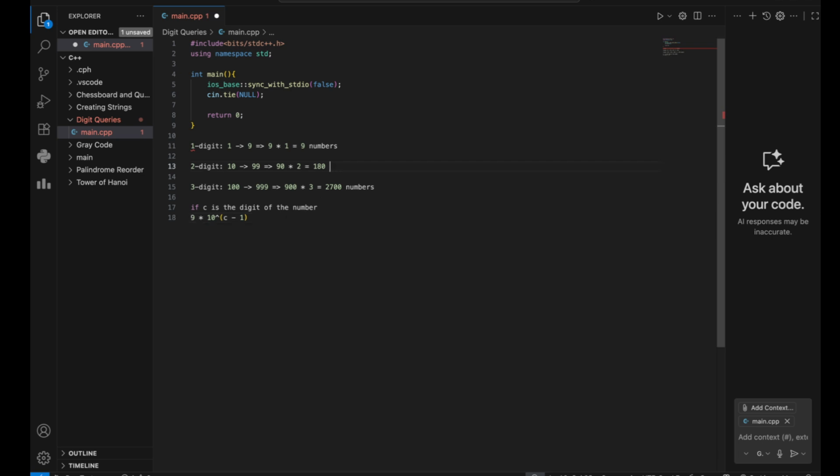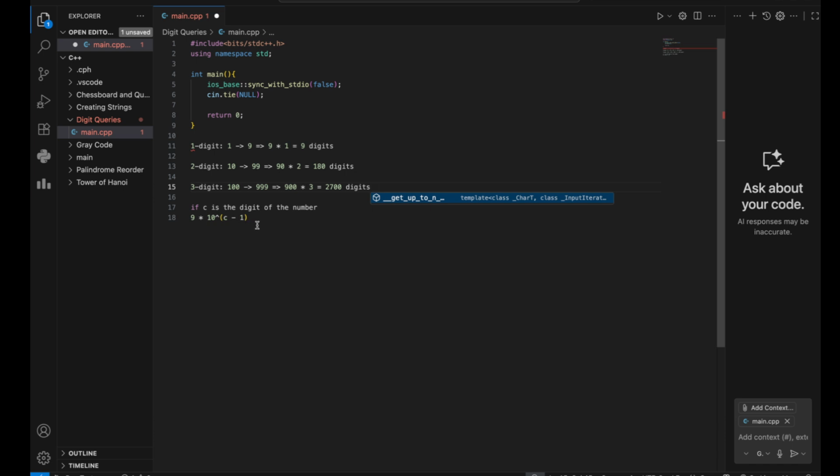For example, for one digit we have 9 times 10 to the power of C minus 1.